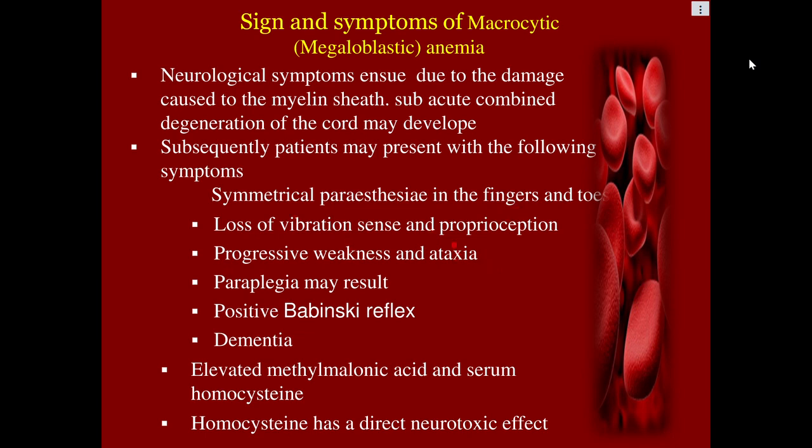Then there's progressive weakness and ataxia, majorly because of damage of the myelin sheath. The myelin sheath is very important, especially in propagating the senses from one myelin sheath to the other.